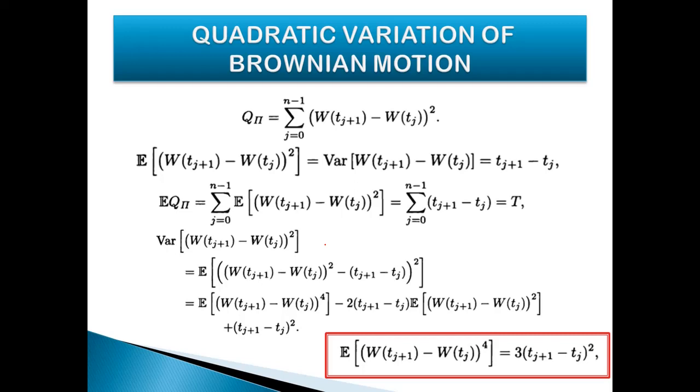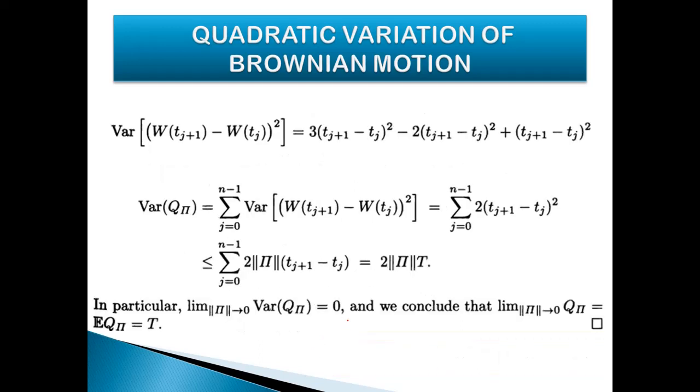Therefore, if we take the summation, the expectation of Q_pi equals T. Then we find the variance of (W_{t_{j+1}} minus W_{t_j}) squared. Using this fact, this value will be 2 (t_{j+1} minus t_j) squared.